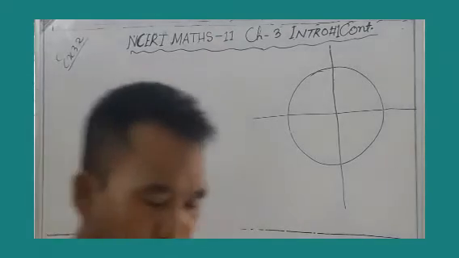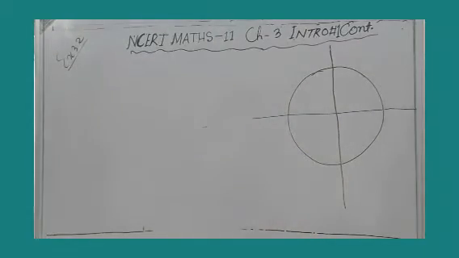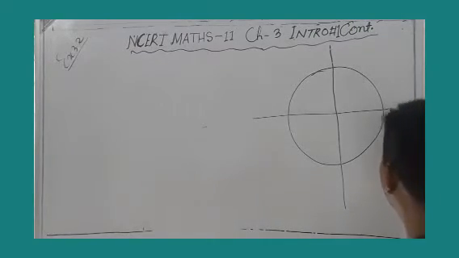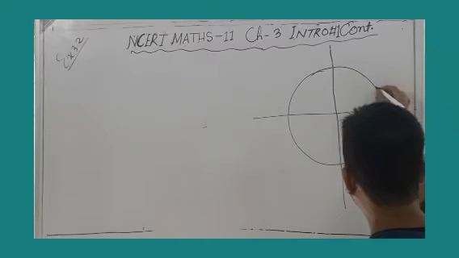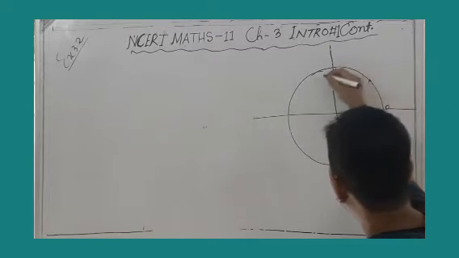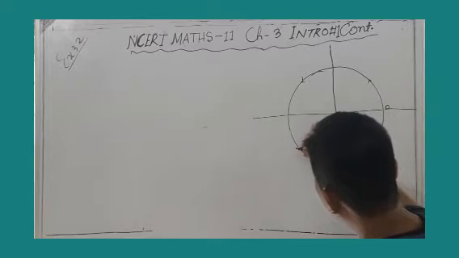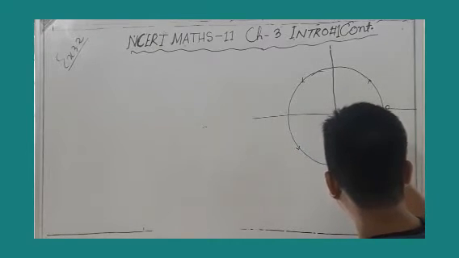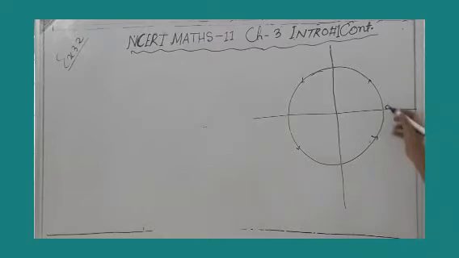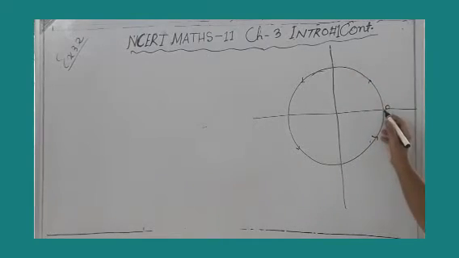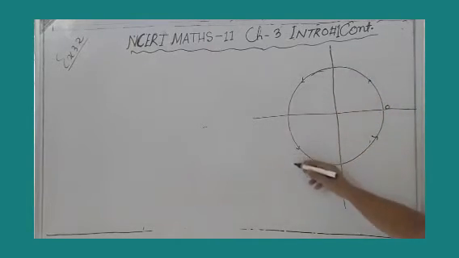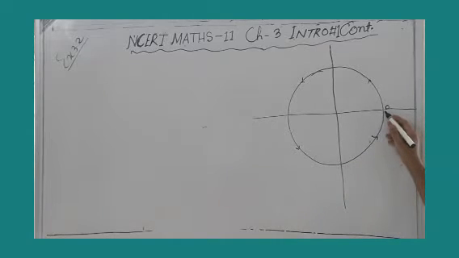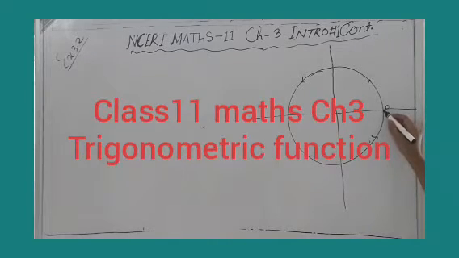So if we consider one complete revolution, it is rotating, correct? It keeps rotating. Sometimes it is increasing, sometimes it is decreasing again, reaching here, making one complete angle again at this point.